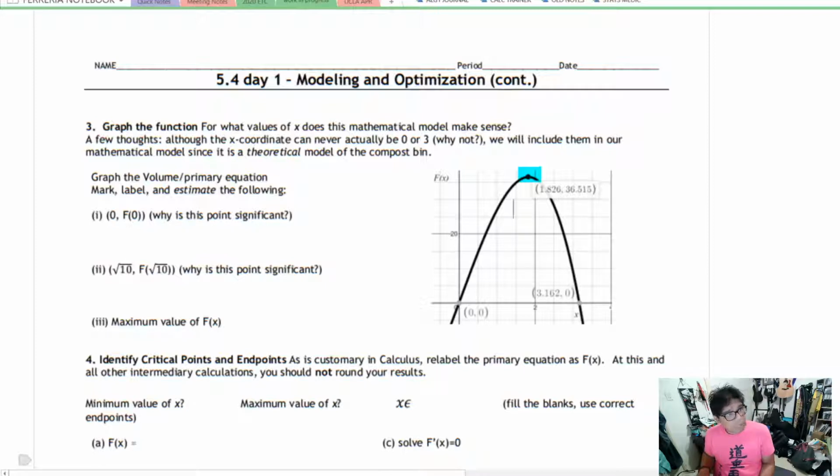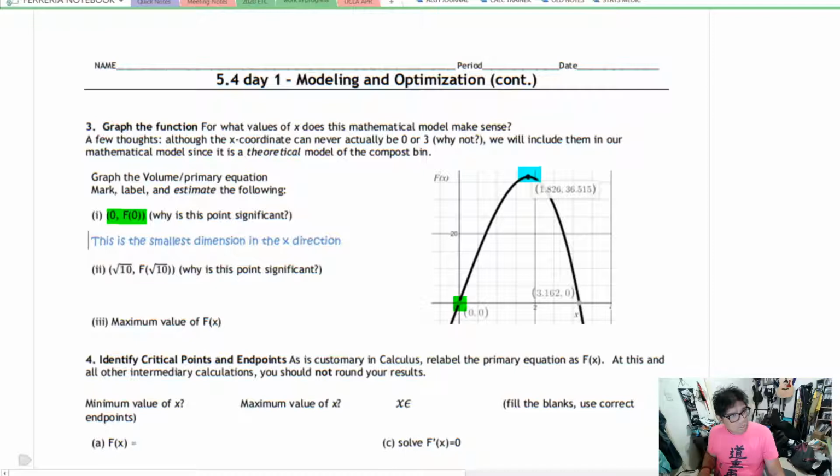Okay, so f of 0, where is that? That is right here. Why is that point significant? Well, that's going to be the smallest dimension that we can do in the x direction. So x has to be 0 or bigger.